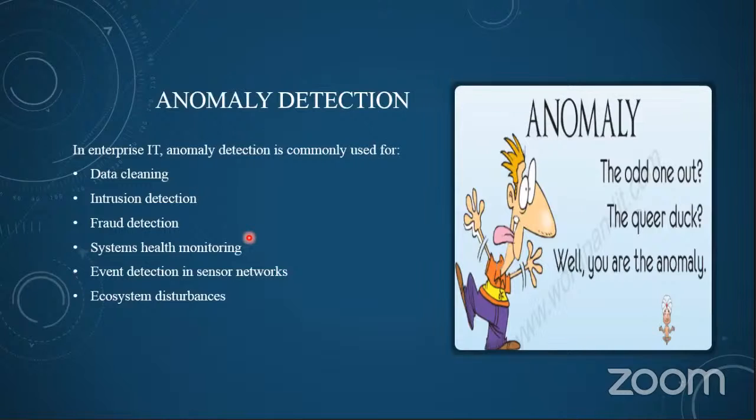Then event detection in sensor networks. Basically, this application comes from the Industry 4.0 perspective. Every application, every device has automation incorporated, and that automation is included with the help of sensor devices as well as actuators.